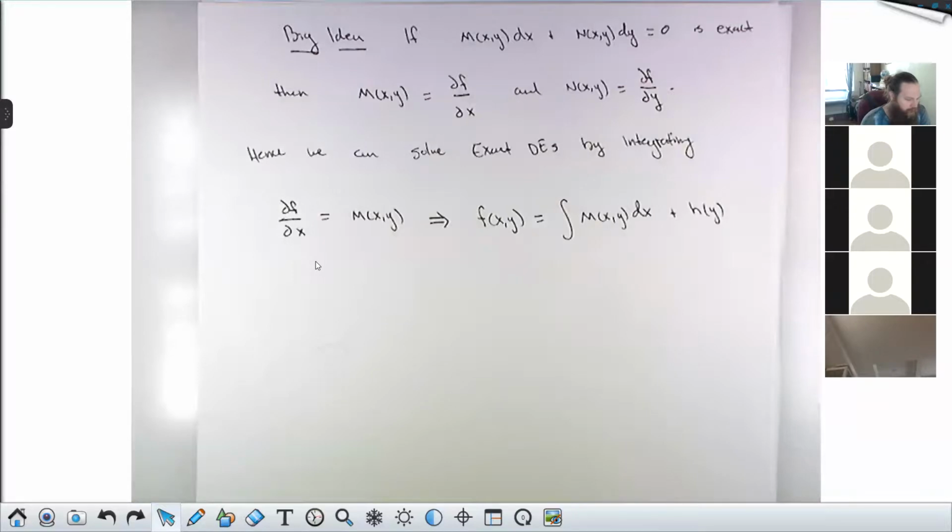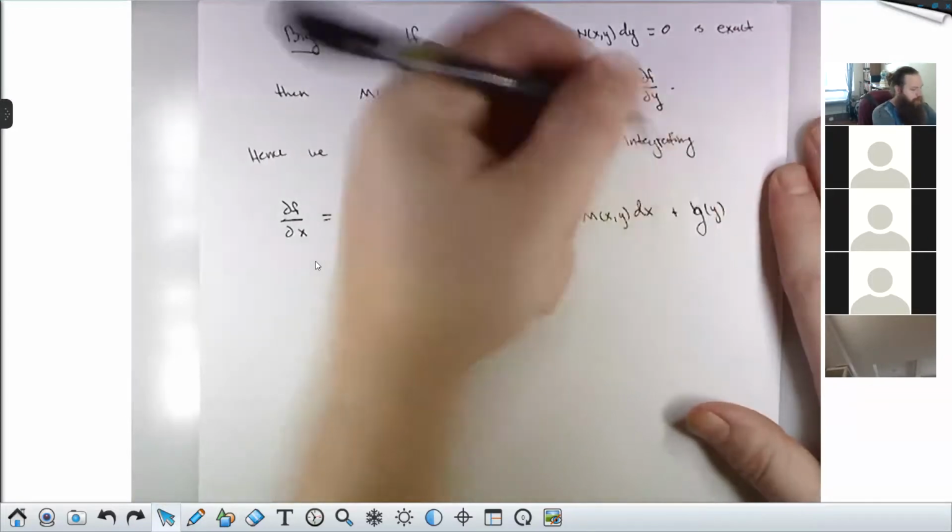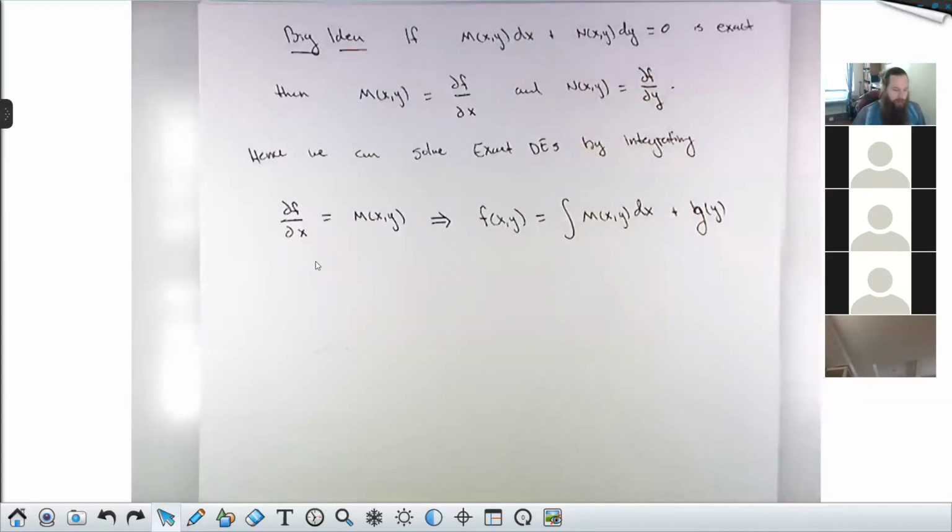And this is symmetric in the variables. Oh, your book uses a G here, not an H. Sorry, I'll use a G. Doesn't matter. And the process is symmetric in x and y, so you could go the other way also.